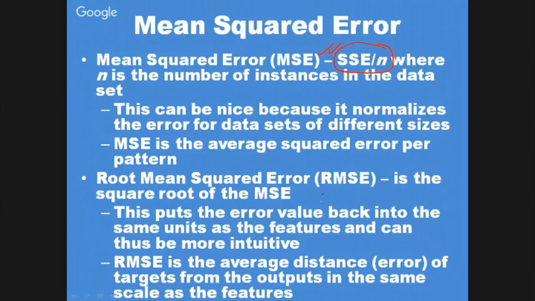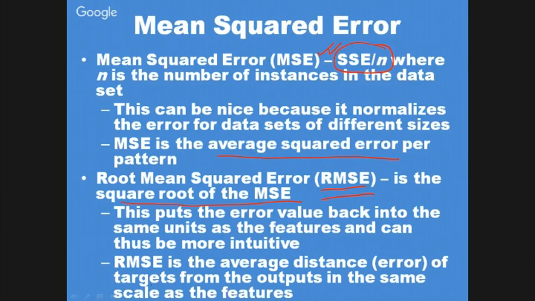Another one is the RMSE, the root mean squared error, which is the square root of the MSE. So MSE is known as the average squared error per pattern, and the root mean squared error is the square root of the MSE.